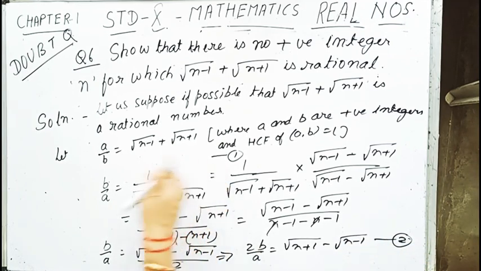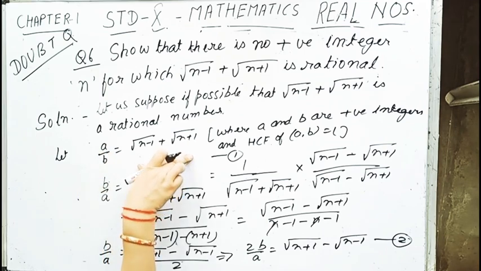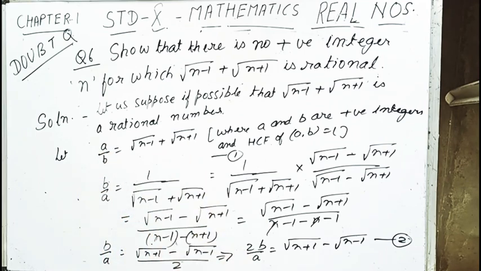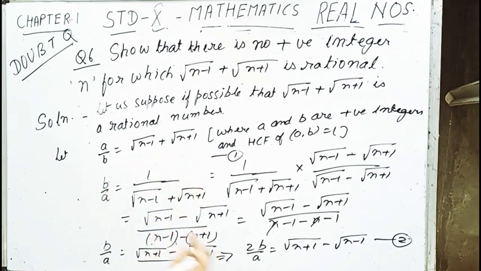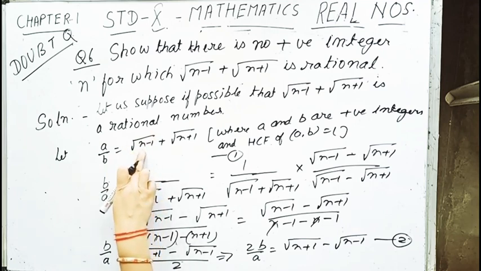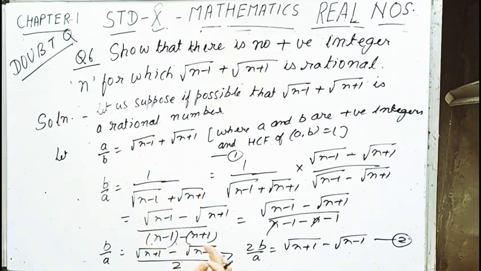Equation 1 gives the value of a/b in terms of √(n−1) and √(n+1), and equation 2 gives the value of 2b/a in terms of √(n+1) and √(n−1). Now we will add equations 1 and 2 and then subtract them. We will be proving that √(n−1) and √(n+1) are rational numbers, therefore n−1 and n+1 are perfect square numbers.